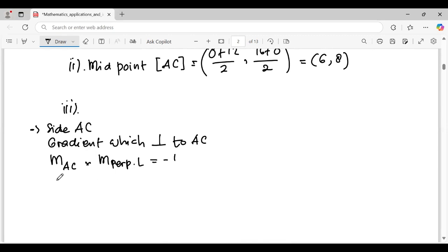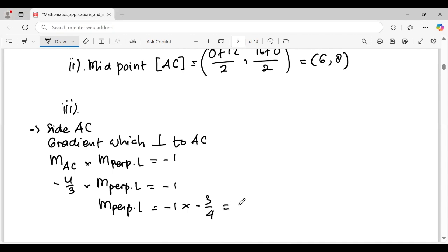MAC is minus 4 third according to our calculation before. Multiply M perpendicular line, minus 1, so M perpendicular line equals minus 1 multiply minus 3 fourth, equal positive 3 fourth.